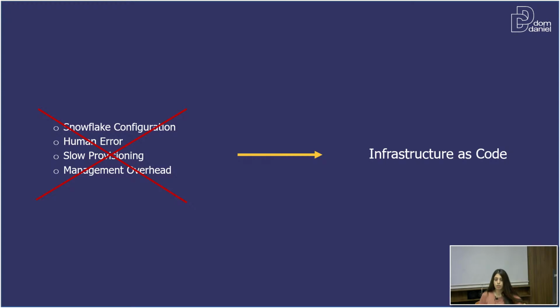Infrastructure as code considerably minimizes the human error. The slow provisioning is kind of eliminated by infrastructure as code, and the management overhead is reduced. So administrators can now perform faster by implementing the newest and most effective technologies.